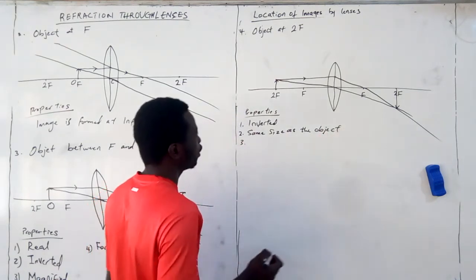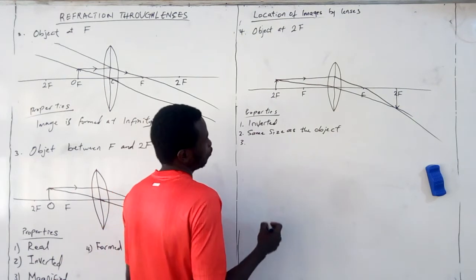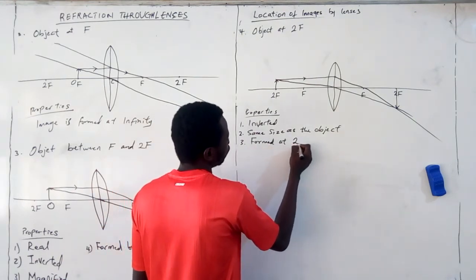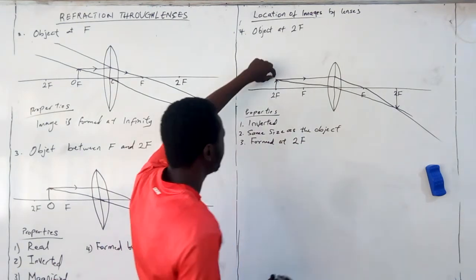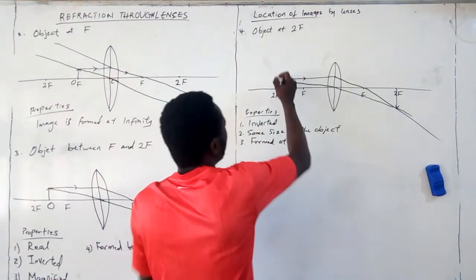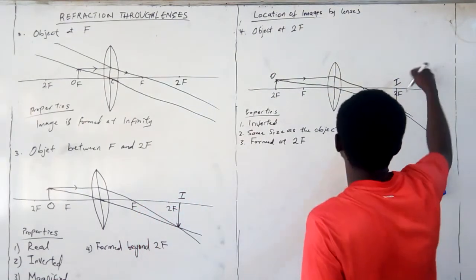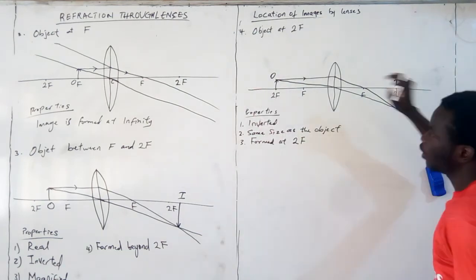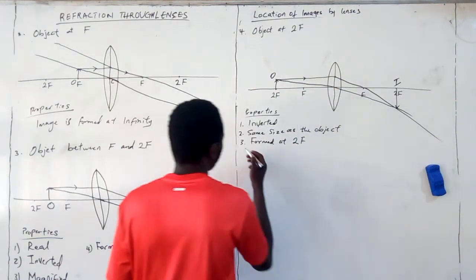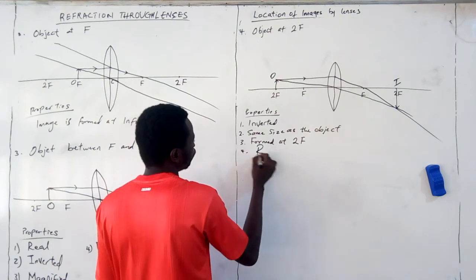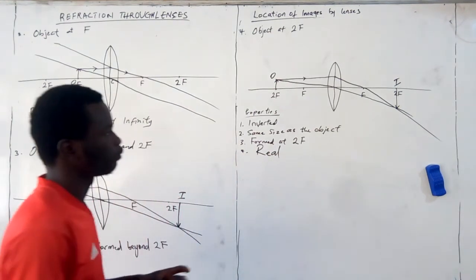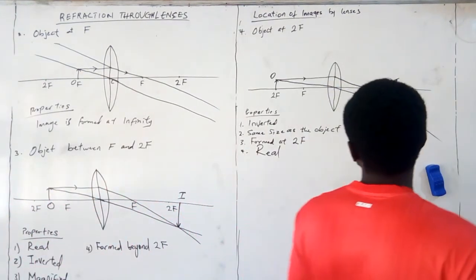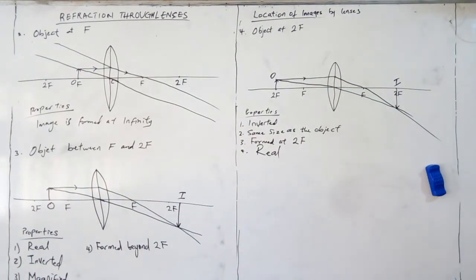Again, the image will be formed at 2F. That is, if you place your object here, the image will be formed here. If you place the object here, it will be formed at the other side. Now, any image formed at the other side should be real. So that's the nature of the image formed by an object placed at 2F.